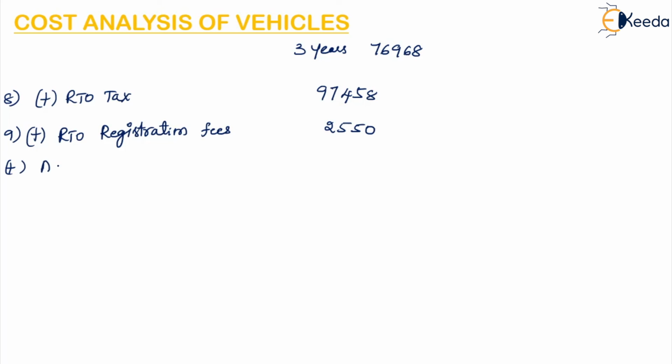plus auto card. I have already told you what an auto card is. It is some 470 rupees. Then there is the FASTag. So what is the cost of the FASTag?